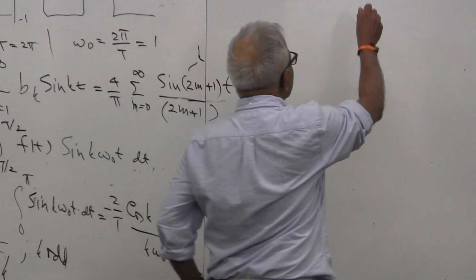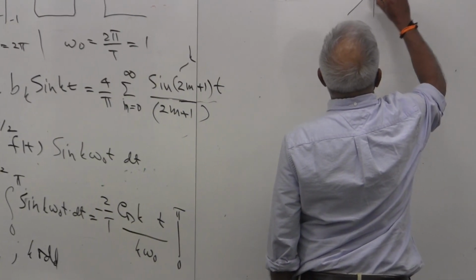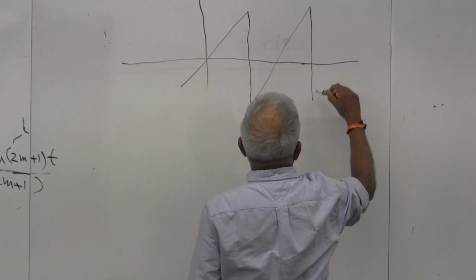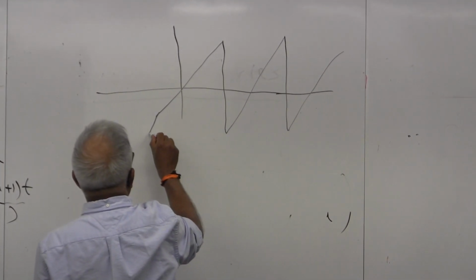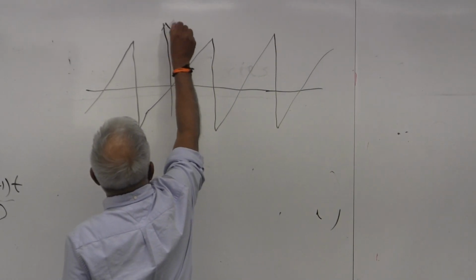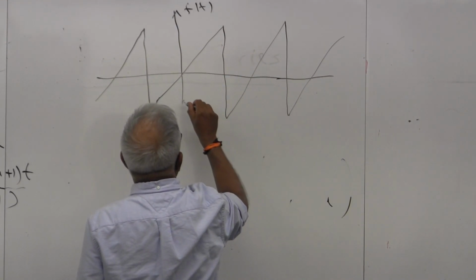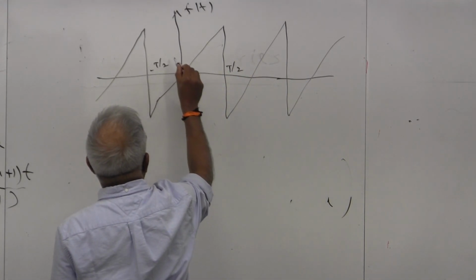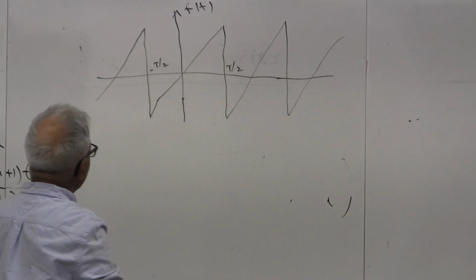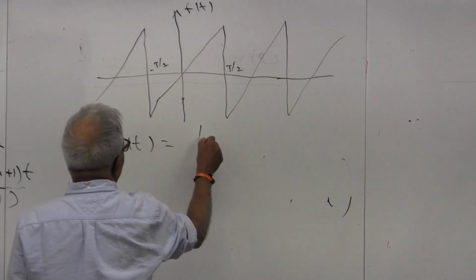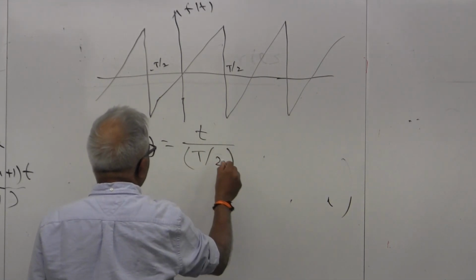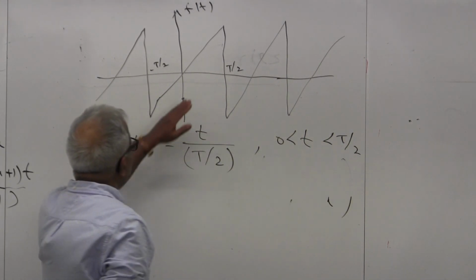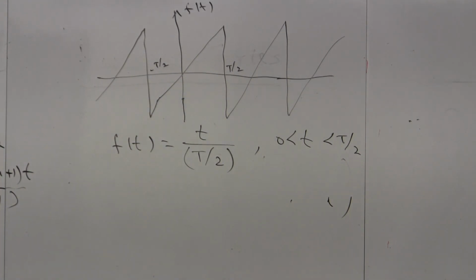Okay, so let's do another example. All these are discontinuous waveforms, and I'll talk about the discontinuity a little later. You can see this is a 45-degree waveform. So f(t) is t over T by 2, and it is minus t over T by 2 on this side.